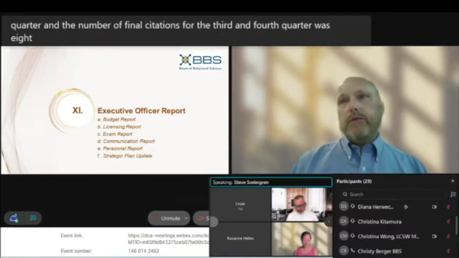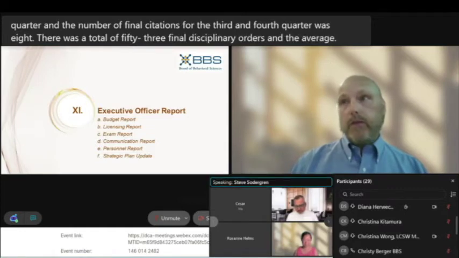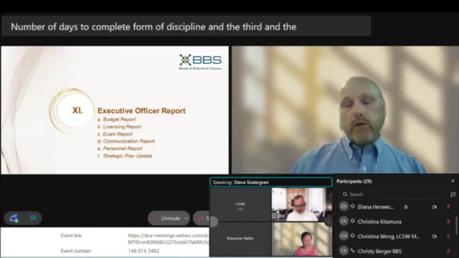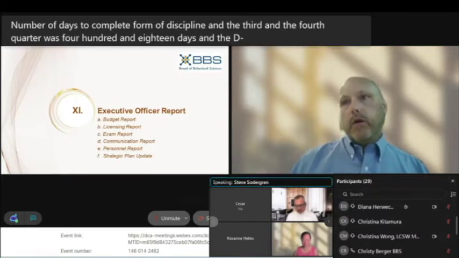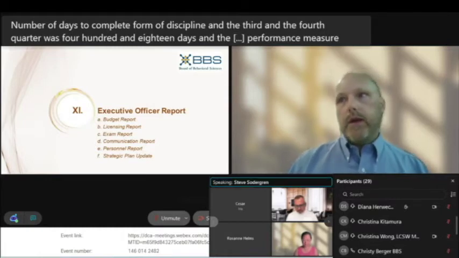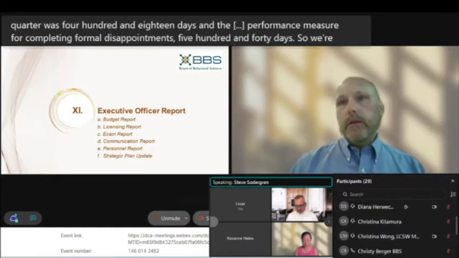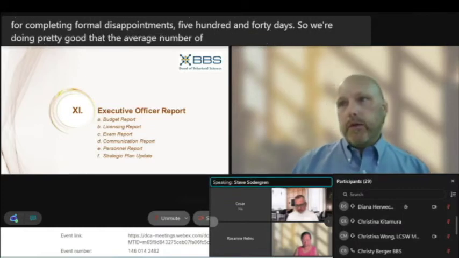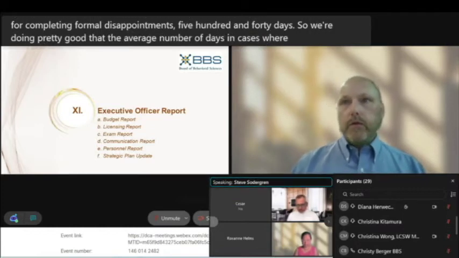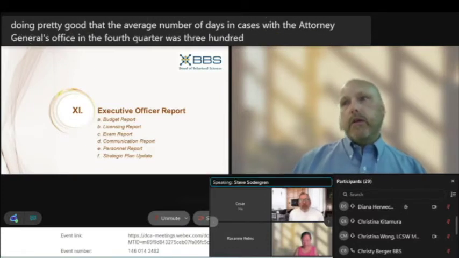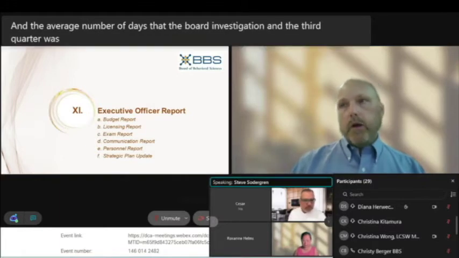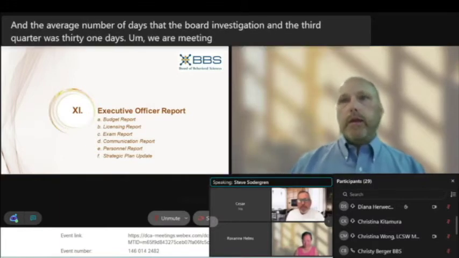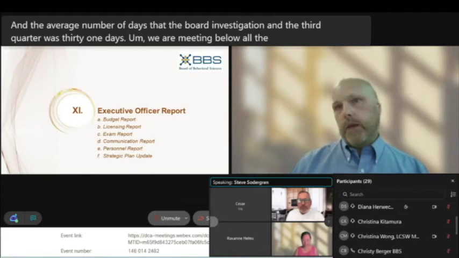There was a total of 53 final disciplinary orders, and the average number of days to complete formal discipline in the fourth quarter was 418 days, while the DCA performance measure for completing formal discipline is 540 days. So we're doing pretty good there. The average number of days a case was with the Attorney General's Office in the fourth quarter was 327 days, and the average number of days for board investigation in the third quarter was 31 days. We're below all the performance measures, so that's good.